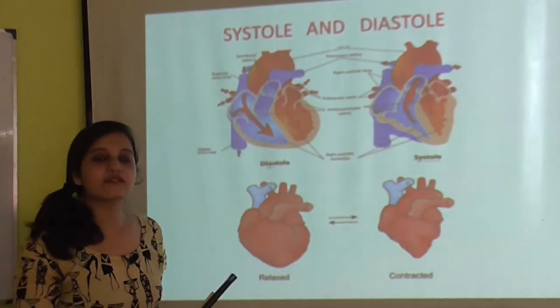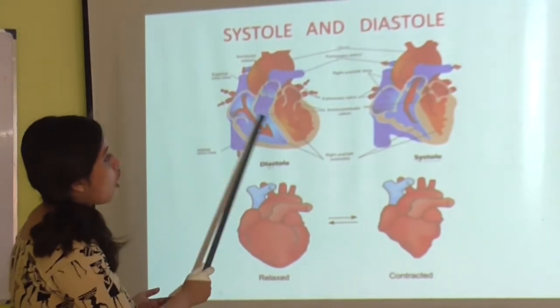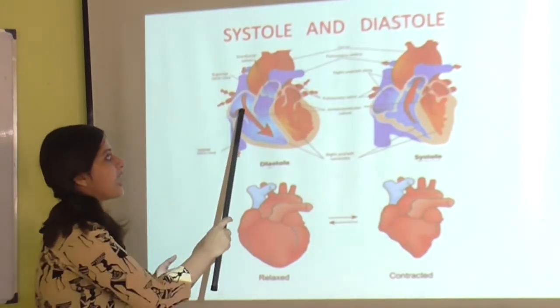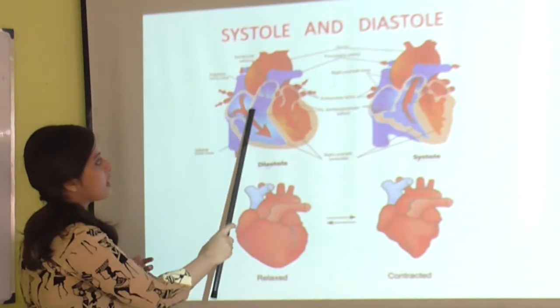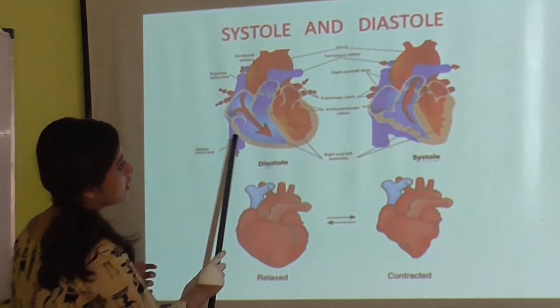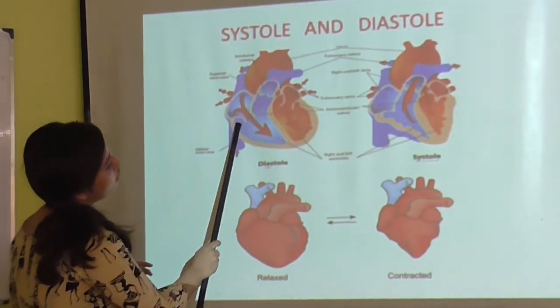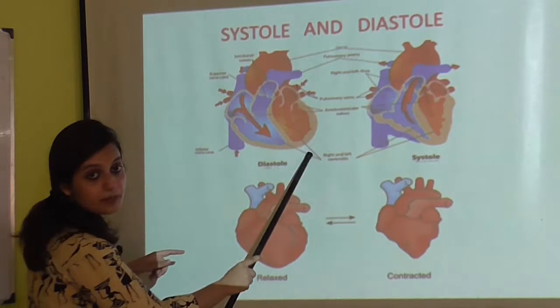I remember one thing which I forgot to tell, that all this working occurs simultaneously. It doesn't mean that if the blood is coming from the right atrium to the ventricle, simultaneously here the blood is also coming.